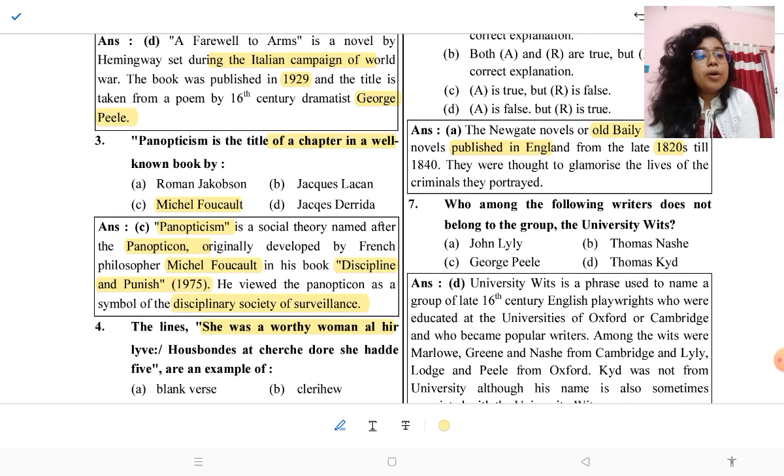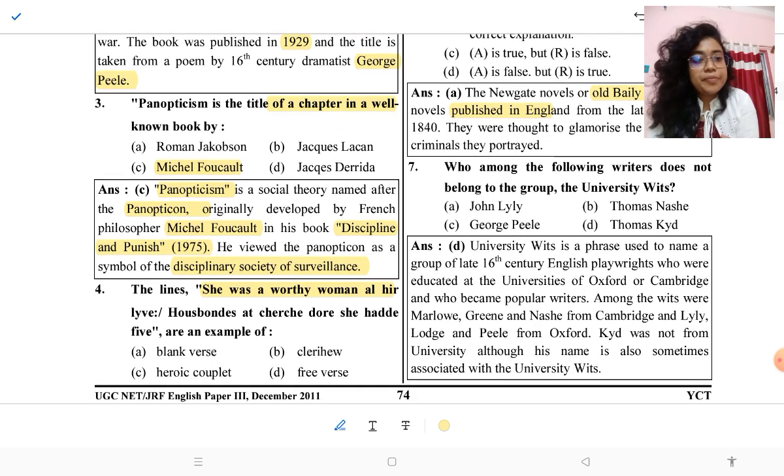Then, who among the following writers does not belong to the group University Wits? University Wits is a phrase, and Thomas Kyd, though he is thought of as a member of the University Wits, was not from any university, but he has the quality of the group in his writing.